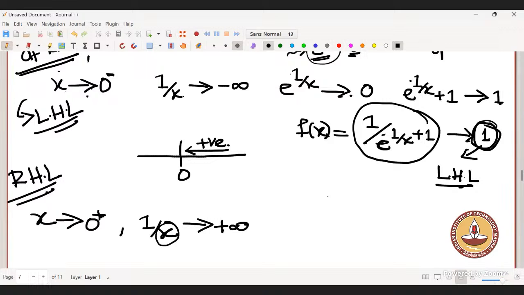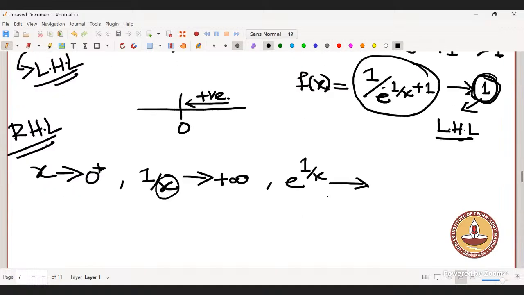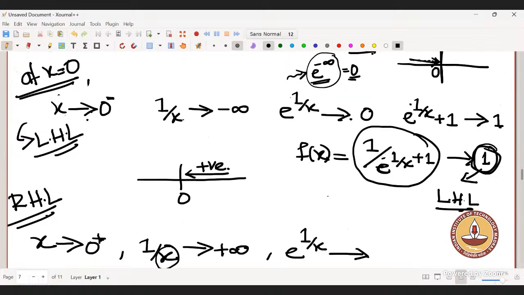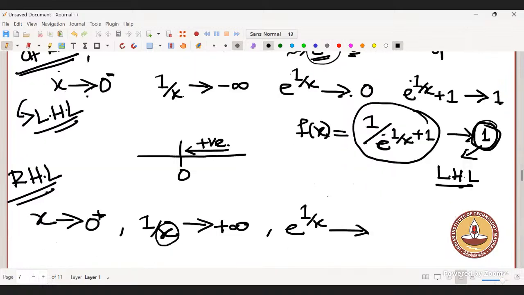It will go to plus infinity. Then e power 1 by x will go towards infinity, same logic.